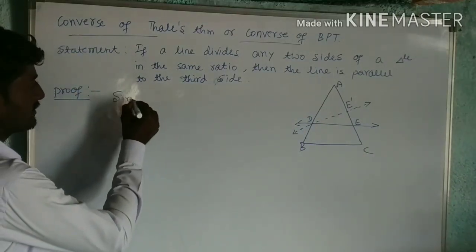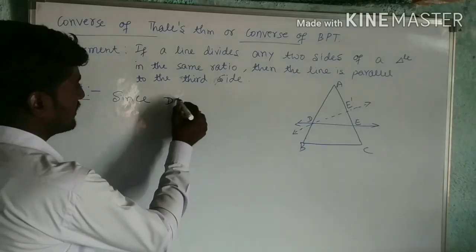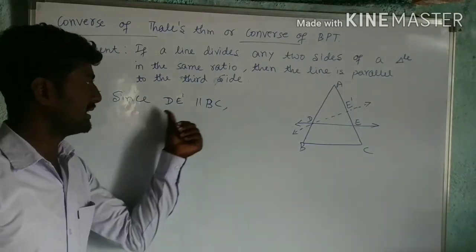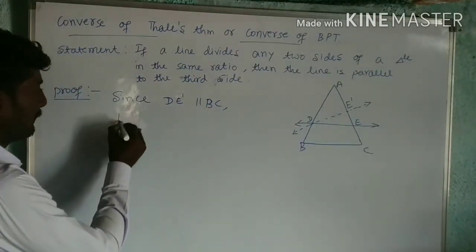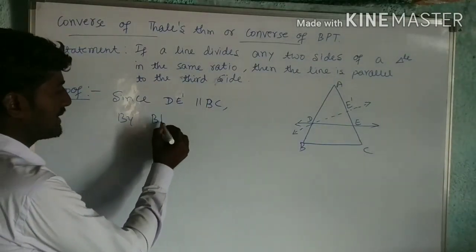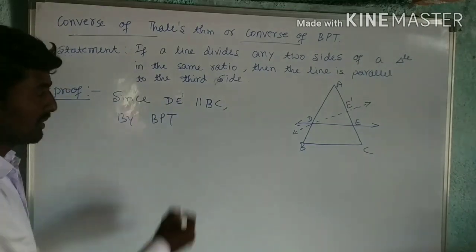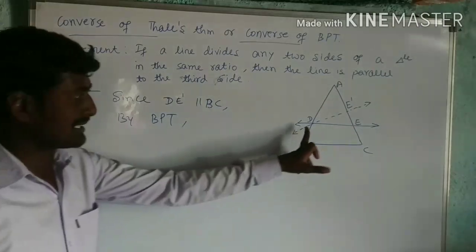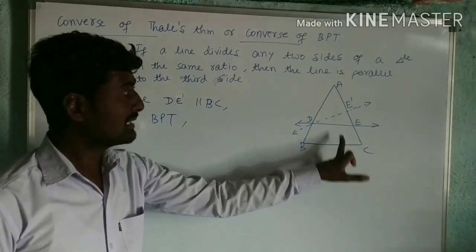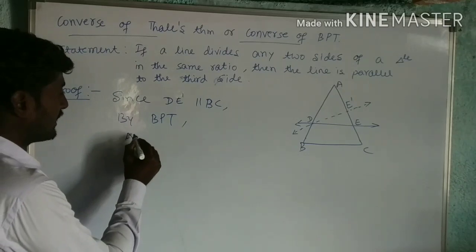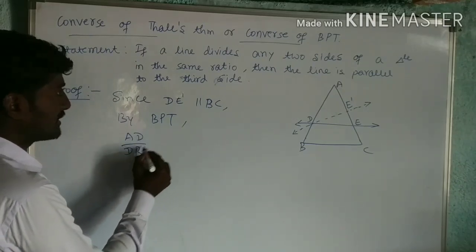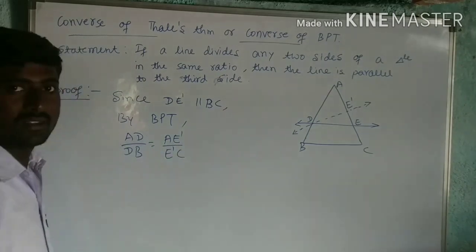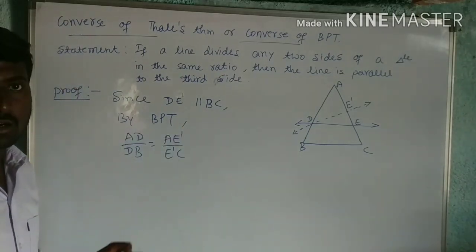Since DE dash is parallel to BC, by BPT, the basic proportionality theorem, or by Thales theorem, I can write AD divided by DB is equal to AE dash divided by E dash C.